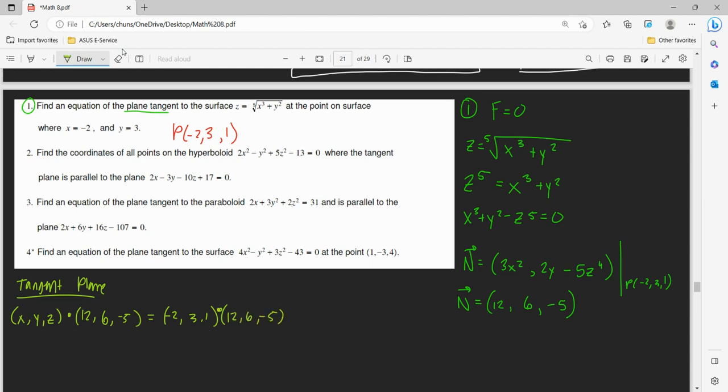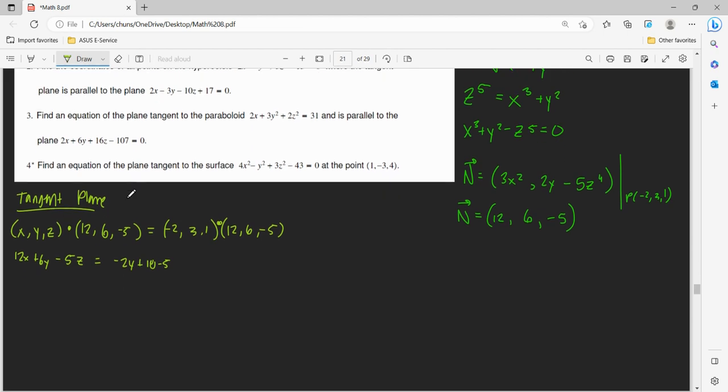So this is 12x plus 6y minus 5z, and this is equal to -24 plus 18 minus 5. And if we move all of that over, this becomes 12x plus 6y minus 5z plus 11 equals 0. Right, so that is it for this question.